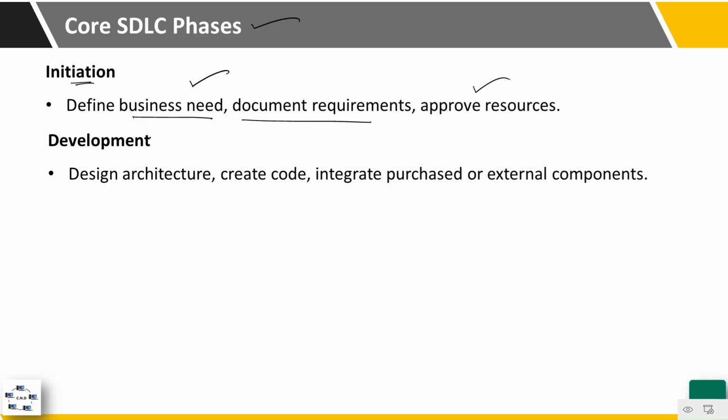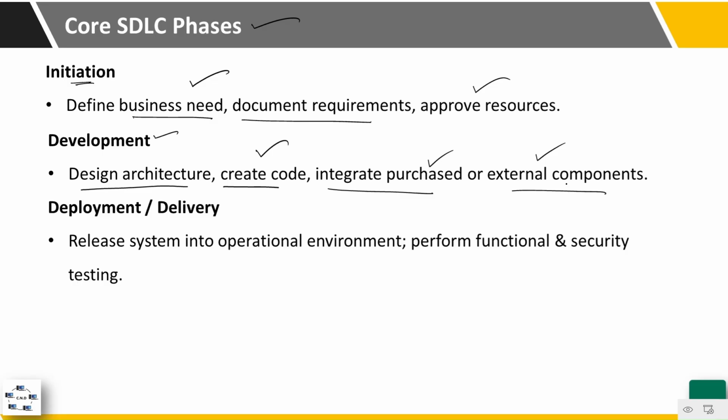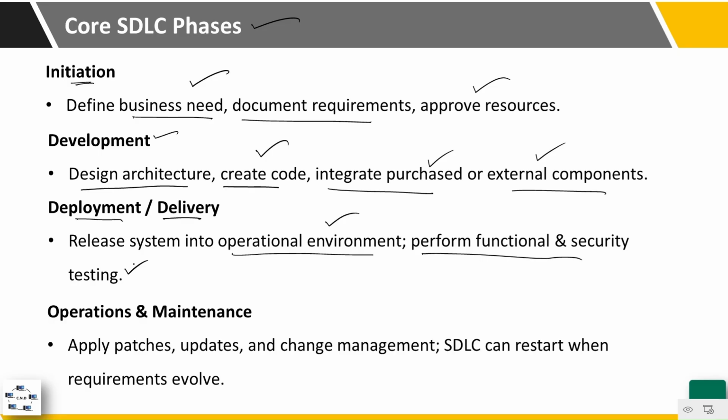The second phase is the actual development, where we design the architecture, actually create the code, and integrate the purchased or external components if there are any. Then we finally deploy or deliver the product. In this phase, we release the system into the operational or production environment. We perform the functional and security testing.